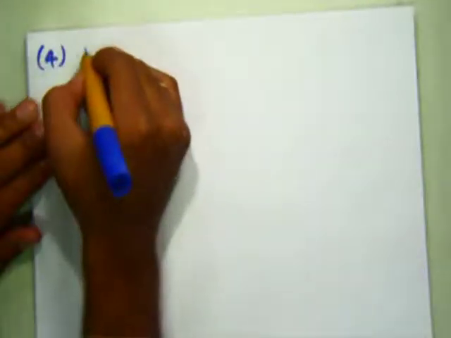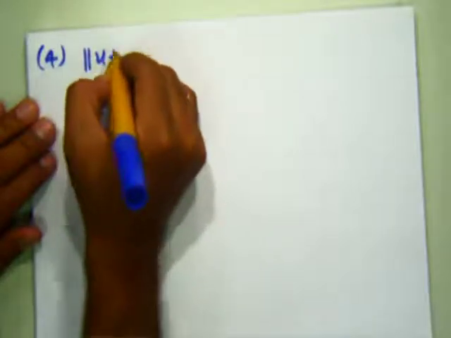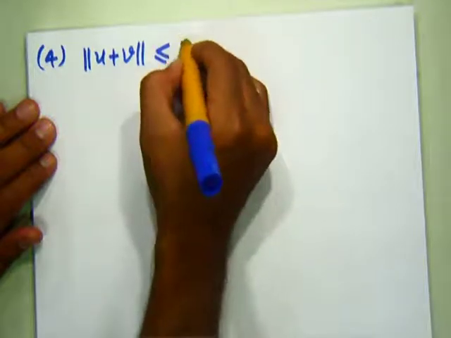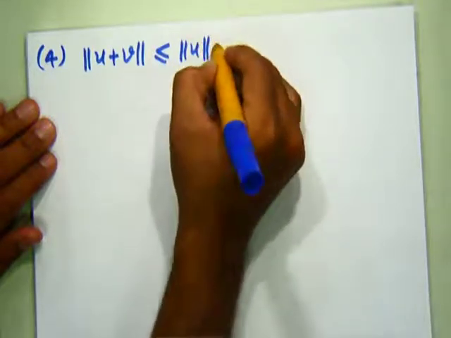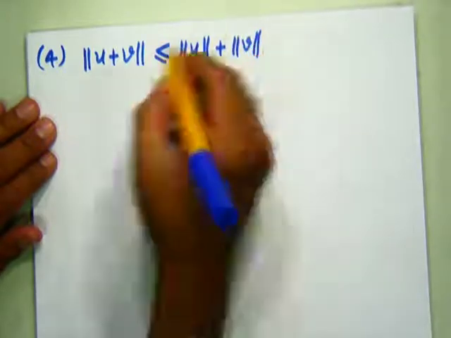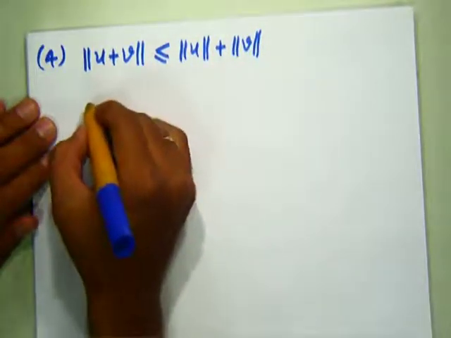And now the last one, the fourth. We want to prove that the norm of U plus V is less than or equal to the norm of U plus the norm of V, the triangular inequality.